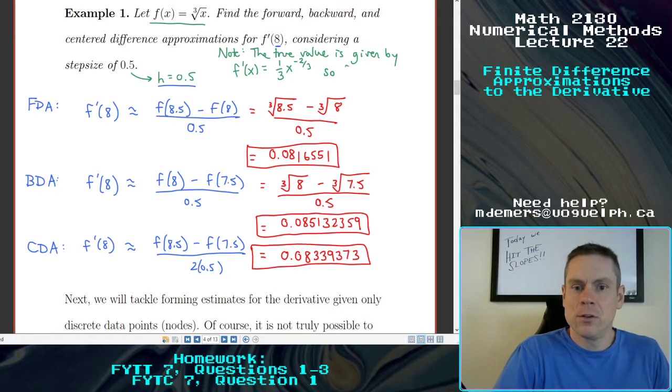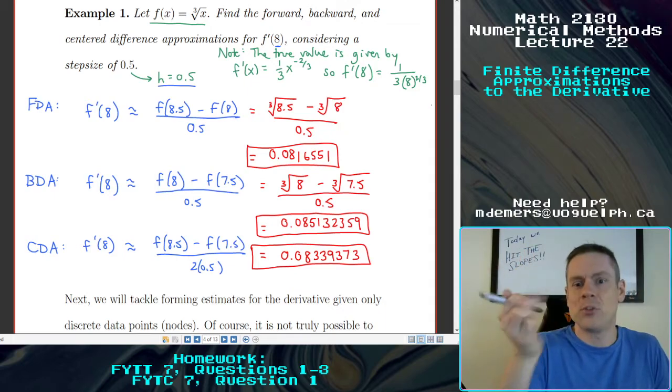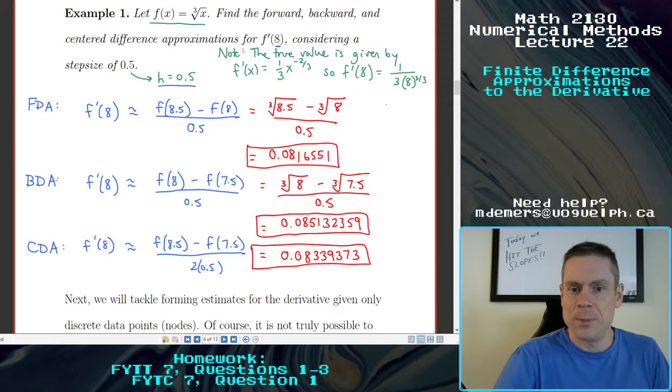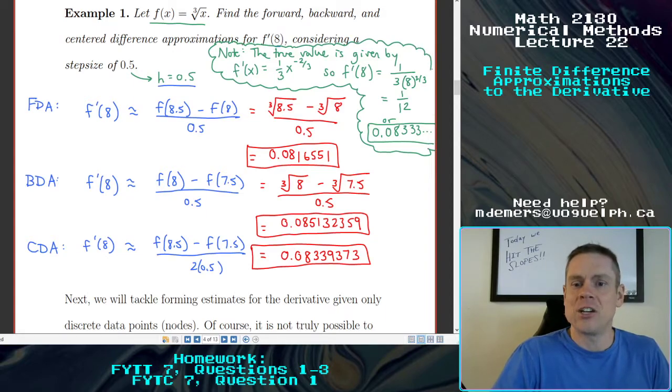Okay, so f prime at 8 is equal to 1 over 3 times 8 to the 2/3. 8 to the 2/3 is, cubed root of 8 is 2, squared is 4, 4 times 3 is 12, so it's 1 over 12 is what it should be. So equals 1 over 12, or 0.08333 onward and forever. So this here is something we can actually calculate. So we can see for ourselves that it looks like our estimates are pretty good. You know, they're not exact, and that's okay.